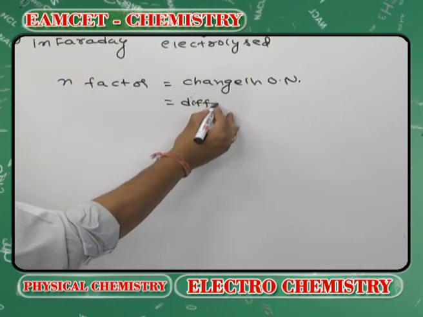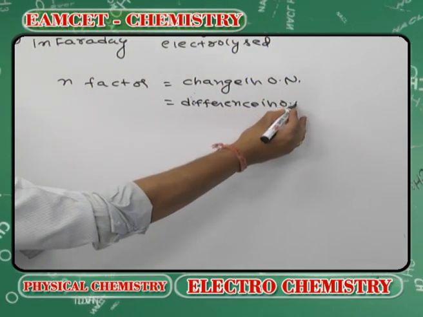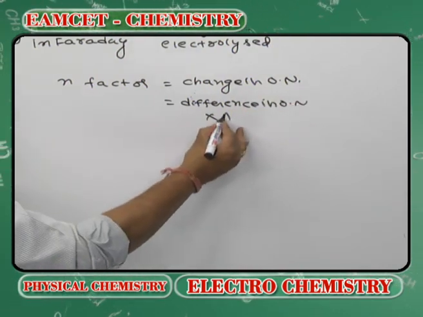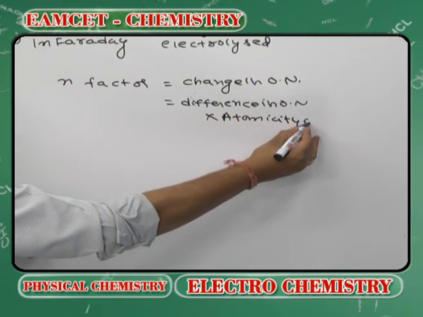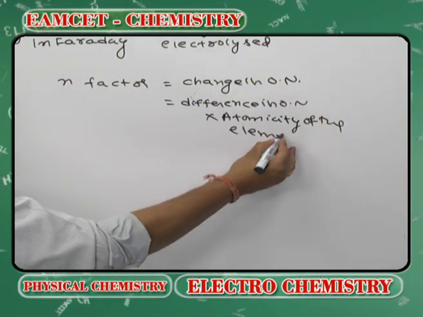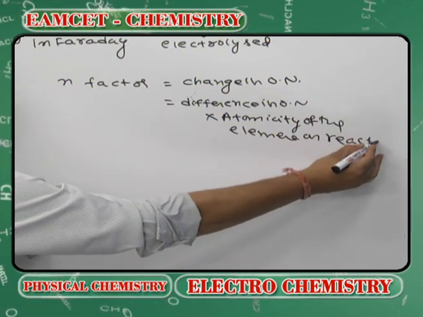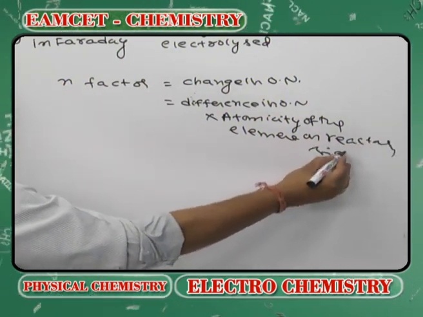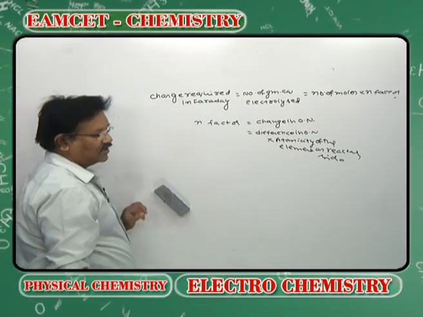Difference in the oxidation number multiplied by atomicity of the element on reactant side. So, for this model problem, this is the basic concept.